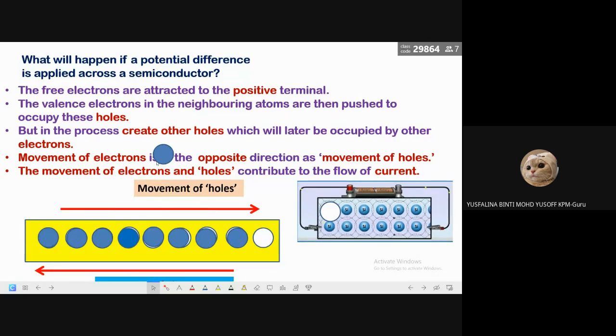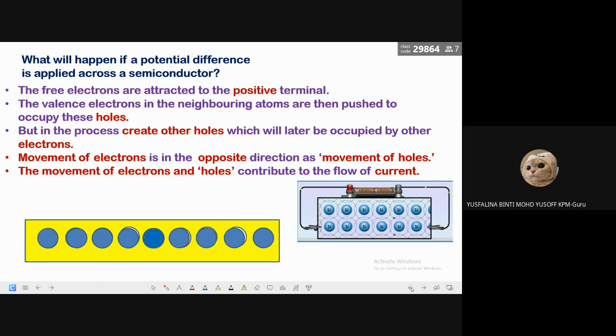So the movement of electrons is in the opposite direction to the movement of holes. The movement of electrons and holes contributes to the flow of current. Let's look at the diagram again. First, the free electron goes to the positive terminal.